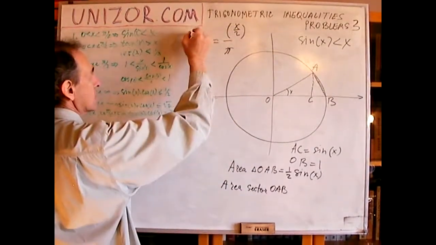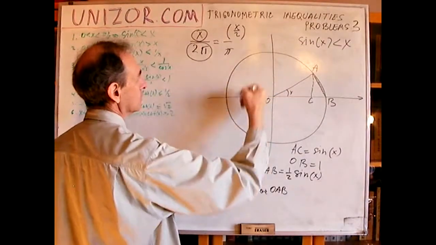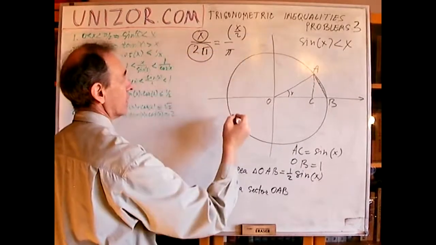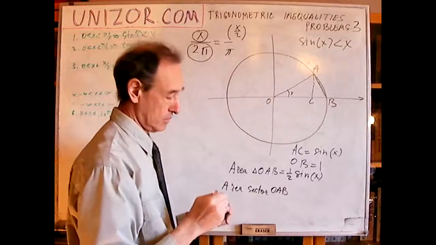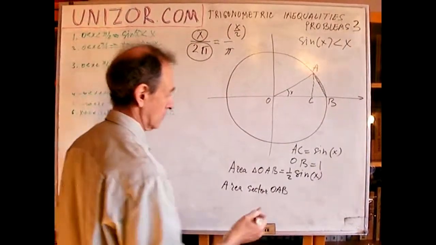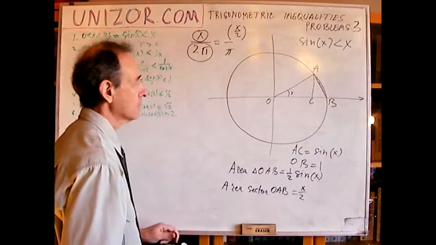So this is angle and this is angle. Our angle and the full angle. Now this is area and this is area. Area of a sector and area of an entire circle, right? So this is equal to x over 2.